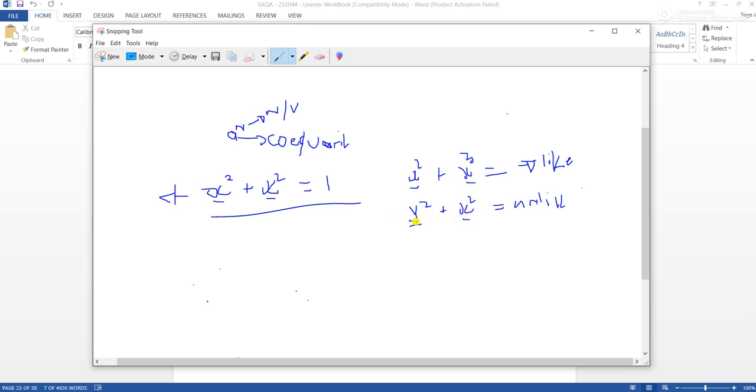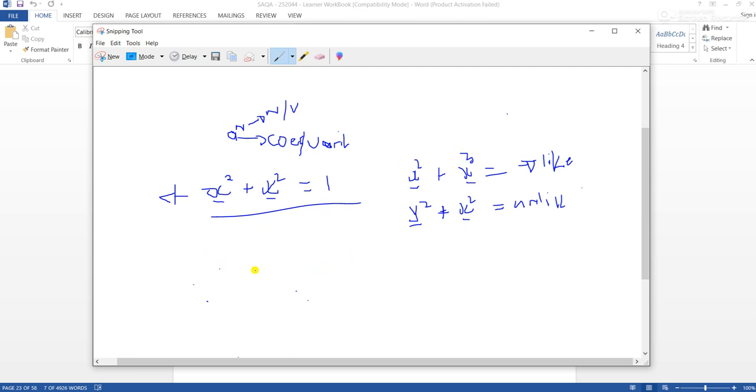This is an x, this is a y, so our bases are not the same, we cannot add. So like terms is when our bases are the same, even if our exponents are not the same. When our bases are the same, we can add. These we refer to as like terms. When our bases are not the same, these we refer to as unlike terms. So this is just the basics.